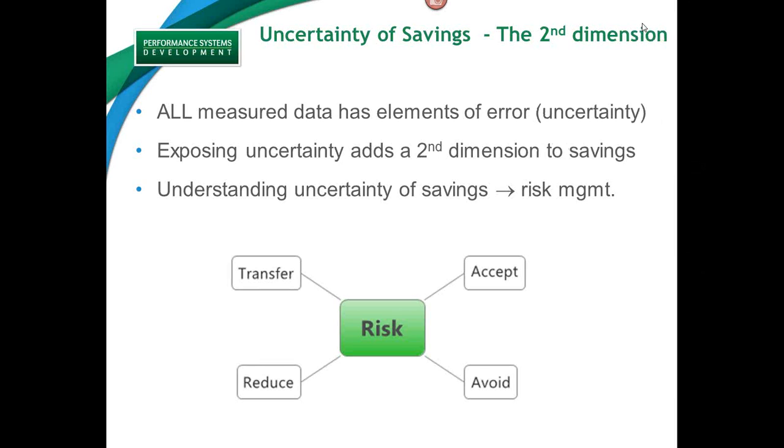How might we understand the level of risk with lighting? Well, we might look at several lighting projects that have had measurement and verification activities implemented as a part of the installation of the lighting retrofit. We might see that the savings that were predicted did manifest, and also the savings uncertainty that was predicted was also measured.